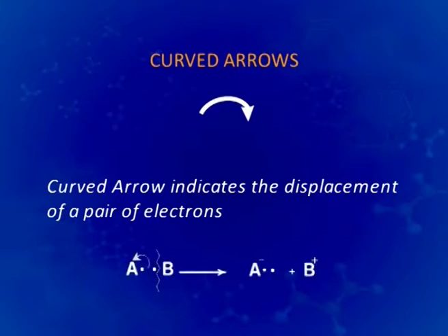You can see here in this general example, wherein we showed heterolytic cleavage, the shared pair of electrons moves to A. The direction of the head is towards the atom which is electron deficient or which has the tendency to attract this electron pair. As a result, it gets a negative charge.